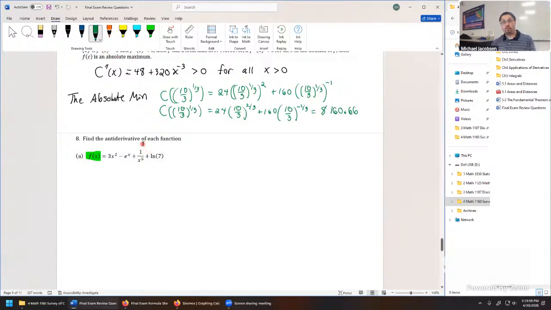We're going to use the reverse of the power rule, so that base needs to be in the numerator to effectively use it without getting mixed up in directionalities of which way the exponent is going, up or down. So let's rewrite f of x as 3x squared minus e to the x plus 5 plus the natural log of 7.